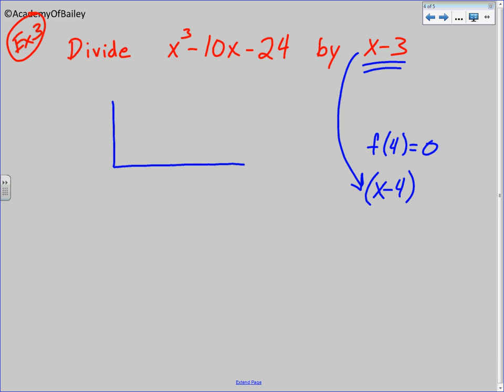So this is the number that we would put outside the synthetic division. In this case, that was negative there, this was positive. If this is negative, we put a positive. You always put the opposite sign of the number outside.